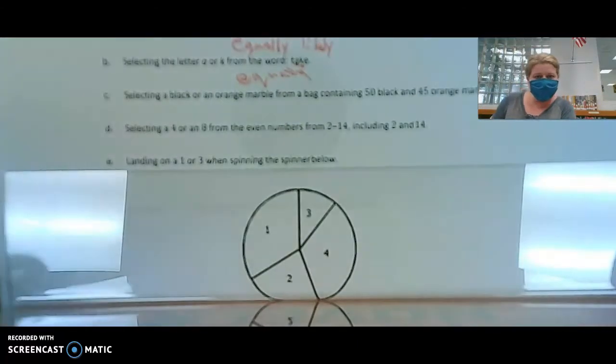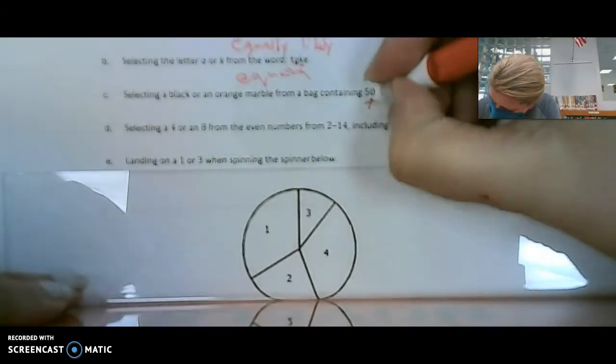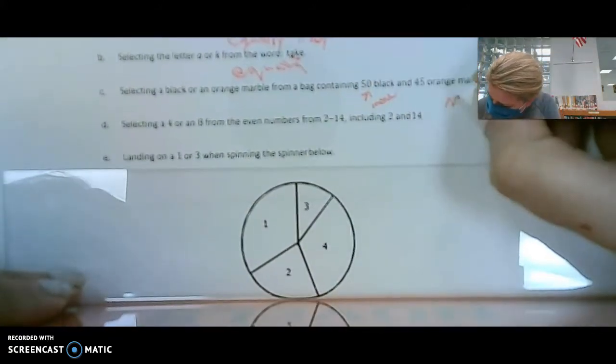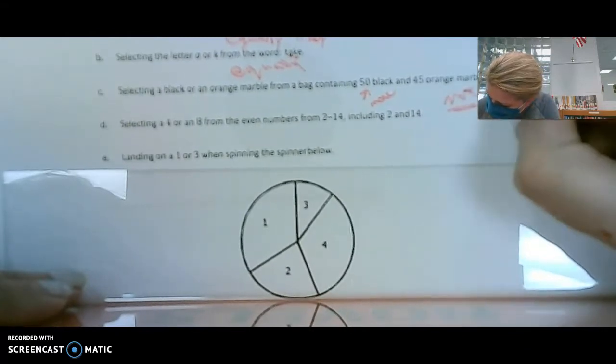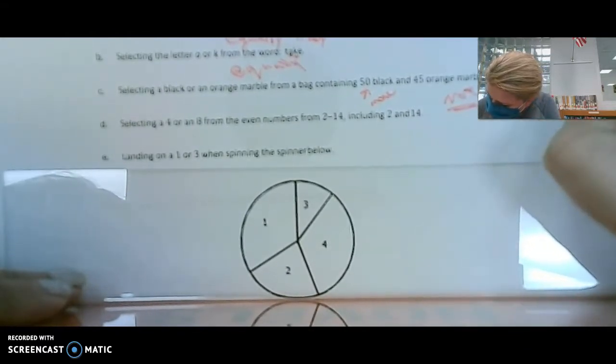The third one, selecting a black or orange marble from a bag containing 50 black and 45 orange. There are more black, so it is not equally likely.